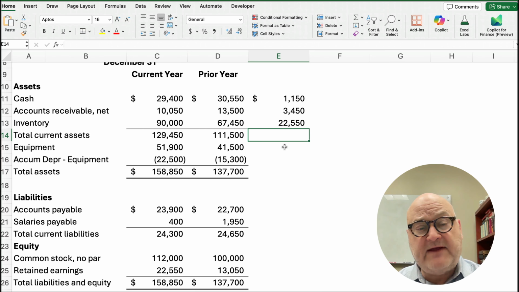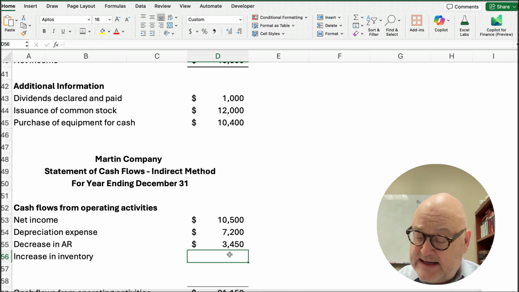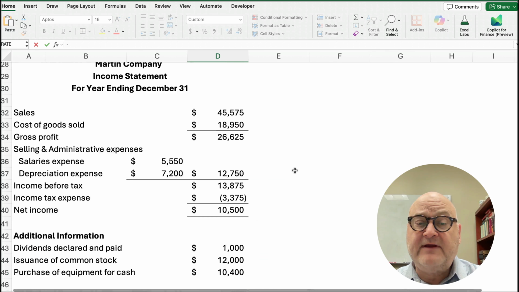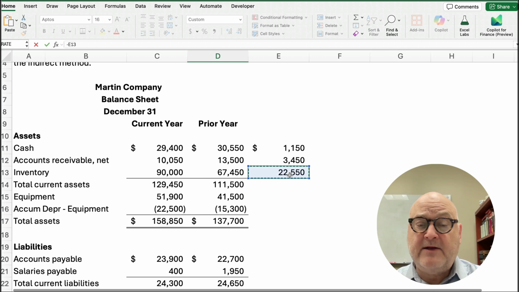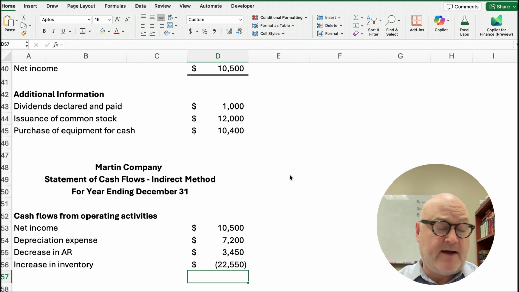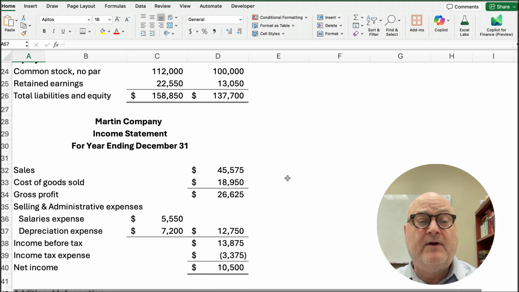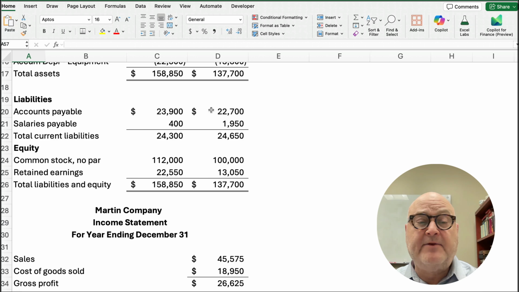But what happens is anytime an asset goes up, cash goes down. So we're going to take this number, 22,550. I'm going to make it a negative 22,550 here. And so inventory going up means we purchased more inventory, 22,550.